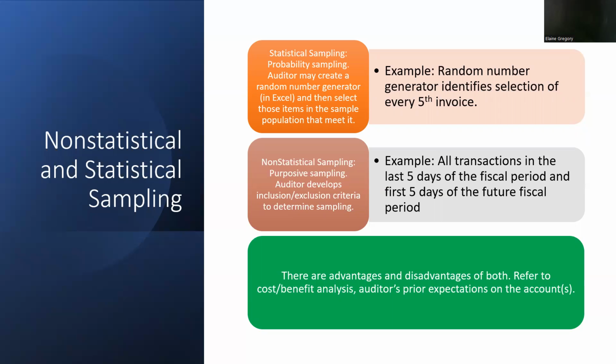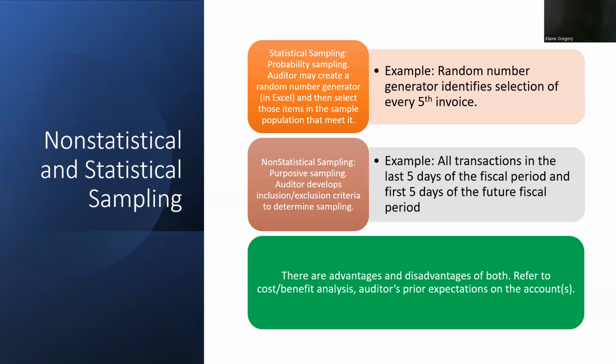By doing that, it's random. We don't know what's going to come up. Therefore, it's really a blind sample. Statistical is very good at making sure that we have a quantifiable sample where we do not have any bias in it. The system is telling us what to sample instead of us determining it.